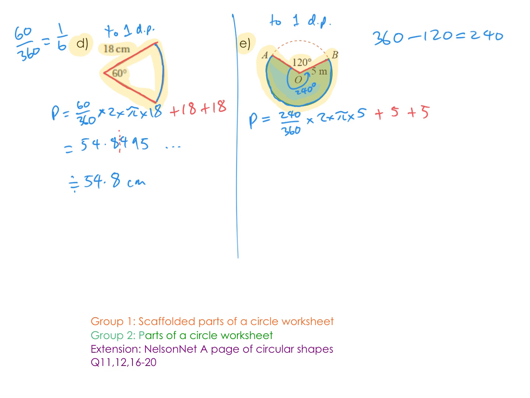All right, calculator time. 240 over 360 times 2 times pi times 5 plus 5 plus 5. Now, I was actually a bit sneaky.